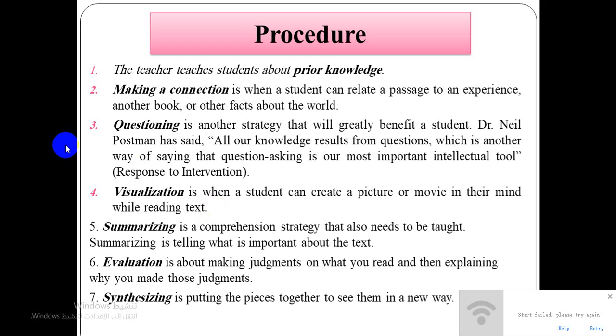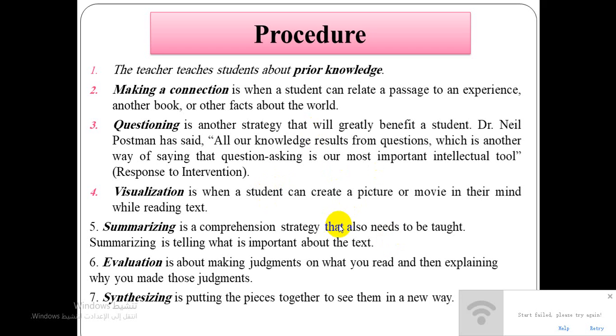Summarizing is a comprehension strategy that also needs to be taught. Summarizing is telling what is important about the text. A summary might include the answers to who, what, where, when, why, and how. You can have students summarize any text that you are using in the classroom.